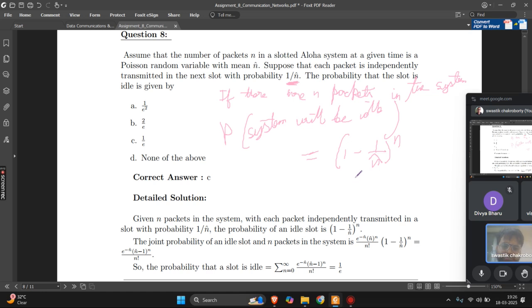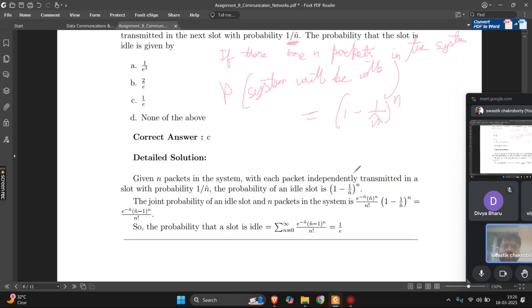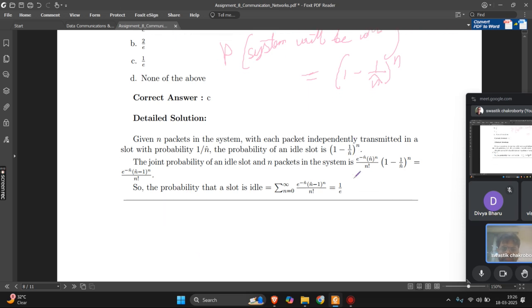Now, there are n packets in the system. So the actual probability of the slot being idle and n packets in the system. So these two are independent processes. The number of packets getting generated and the number of packets in system are independent of each other. So two things will get multiplied.